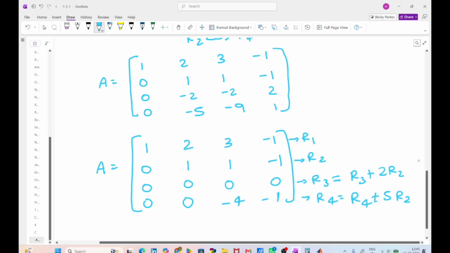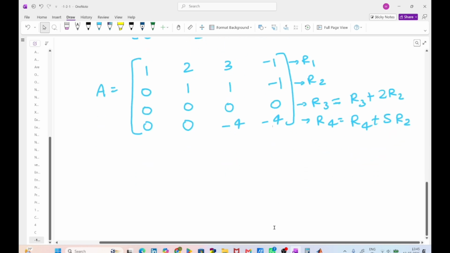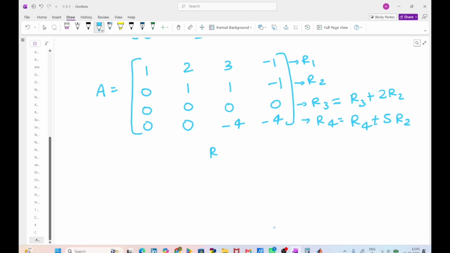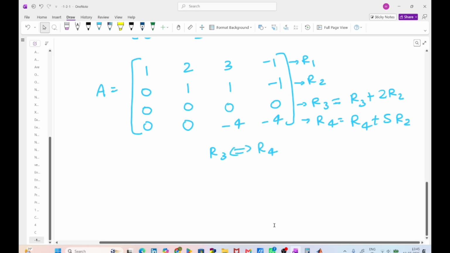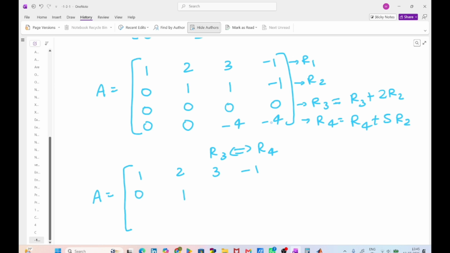Minus 4 here. Then move this third row to the fourth row and the fourth row to the third row: R3 replace with R4 and R4 replace with R3. Then A is equal to 1 2 3 minus 1, 0 1 1 minus 1, 0 0 minus 4, and then 0 0 0 0.